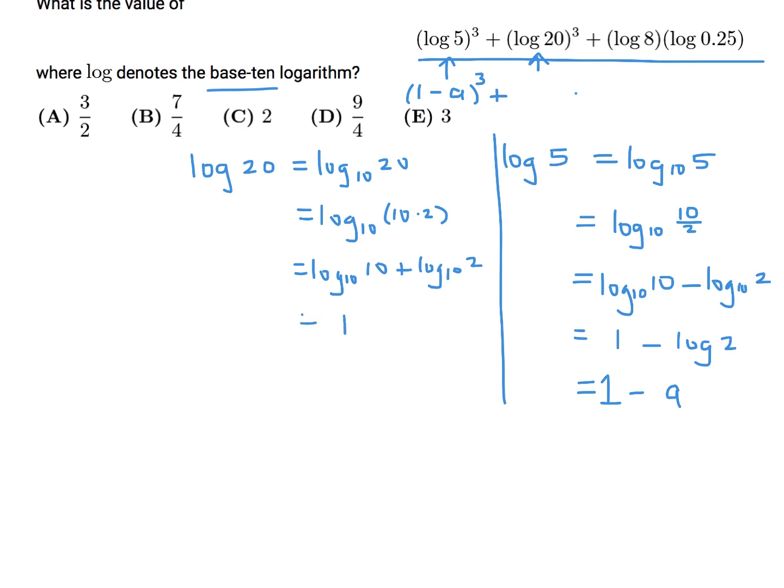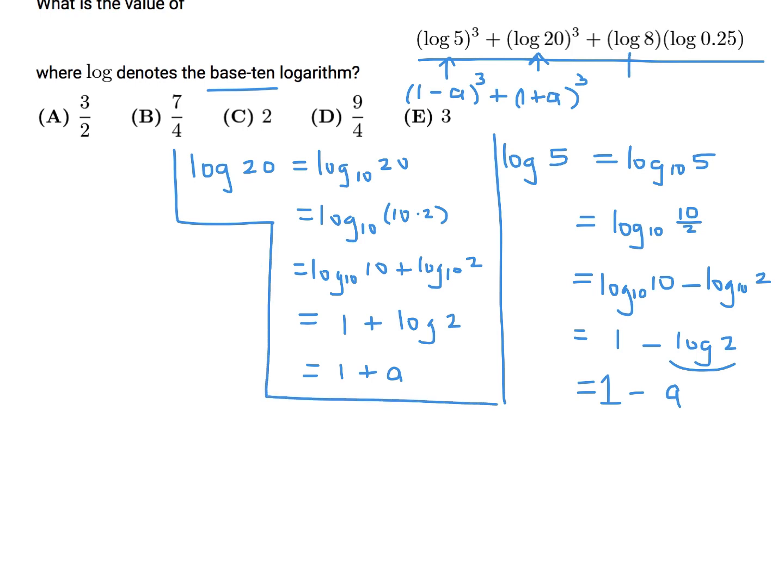This is, of course, 1, and the log of 2 to the base 10, I'll write as log 2, which as before I will call A. Therefore, that becomes 1 plus A, so this is (1 plus A) all cubed. Okay, so far so good, right? Not bad. Let's keep going.